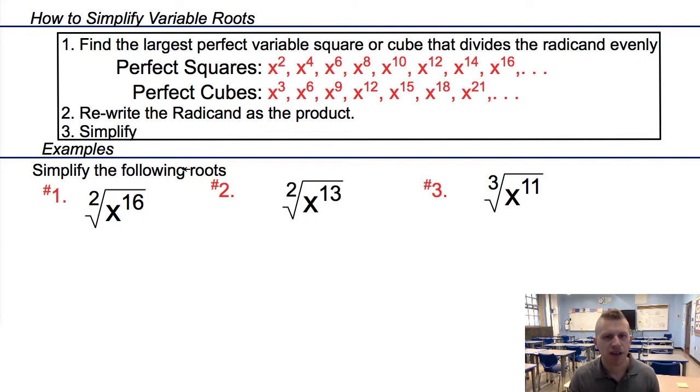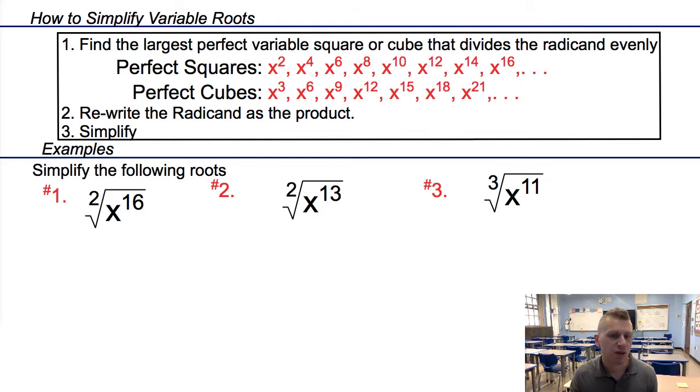I want to simplify the following roots here, and the first step would say find the largest perfect variable square. And if I look on this list here, I can see x to the 16th is a perfect square. So this one is just going to simplify very nicely. So I could actually rewrite this one in rational exponent form or just with an exponent, remembering that this piece here is the numerator and this piece here is the denominator.